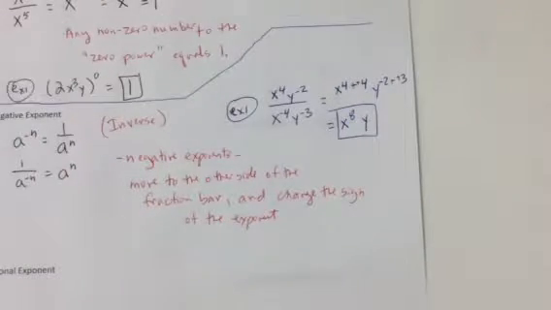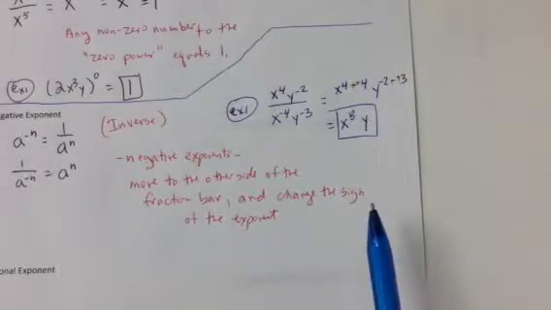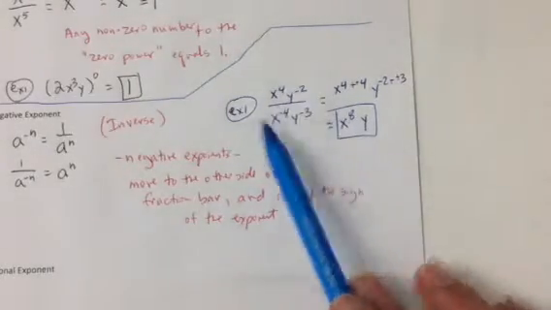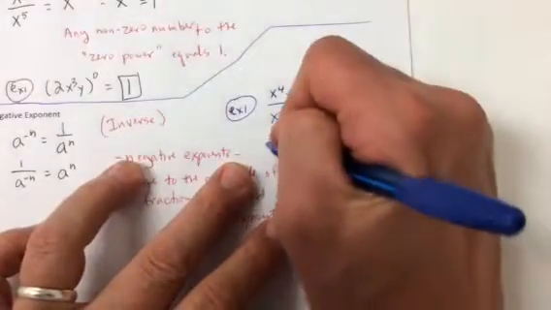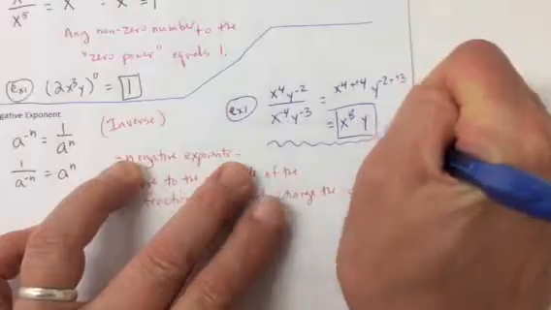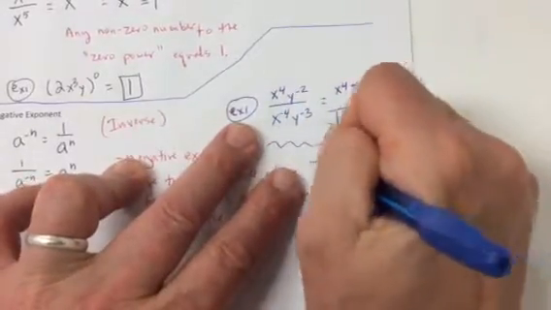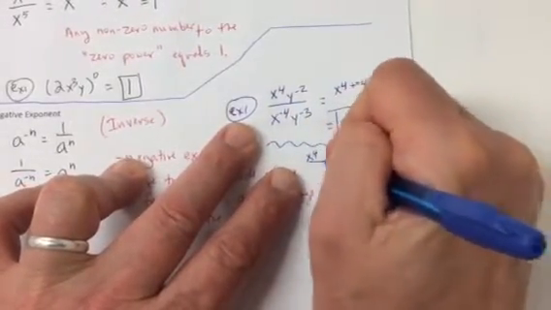Now another way to think about this is actually using your negative exponents. And so let's do that. So let's look at the negative exponent. Negative exponent tells you to move it to the other side of the fraction bar. I'll put a squiggly line as we do it the other way. So on the top here we have x to the 4th.